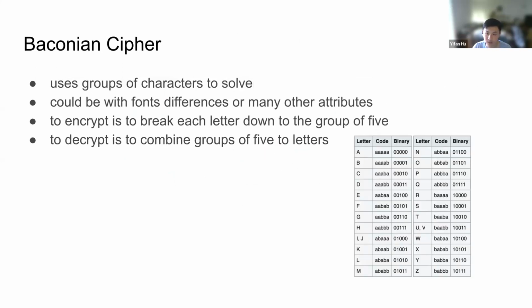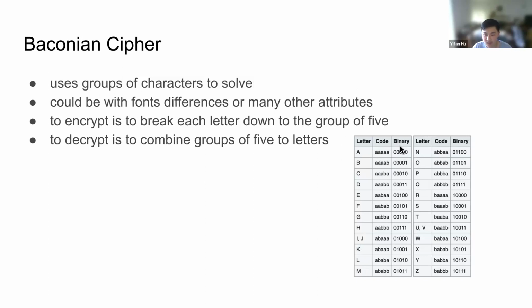Okay, this is a Baconian cipher, in which you just get groups of characters to solve it. The hard part is finding which correlates with what. So to encrypt and decrypt, you break the letters into groups of 5. Each letter goes into a code, or binary.